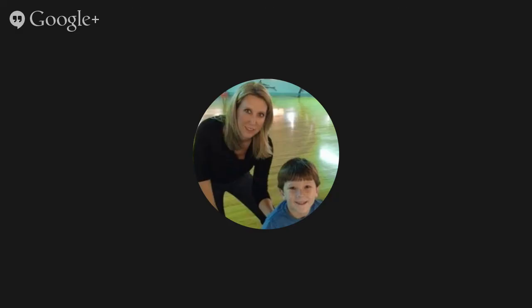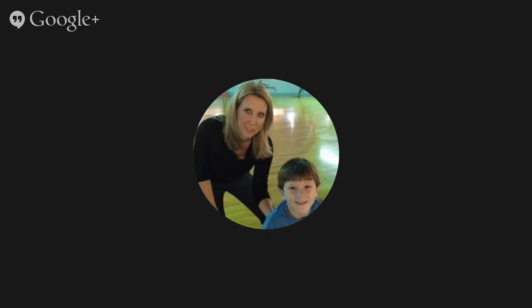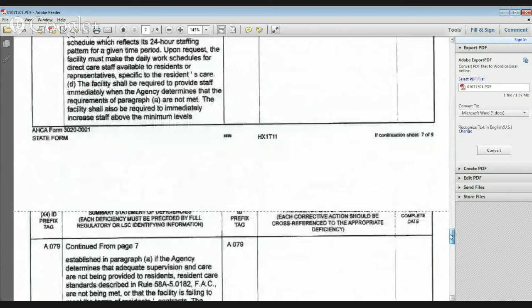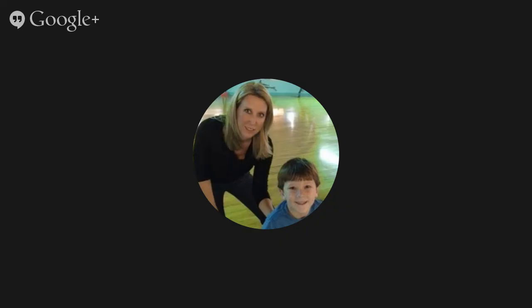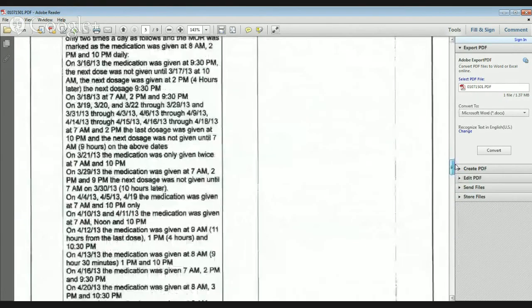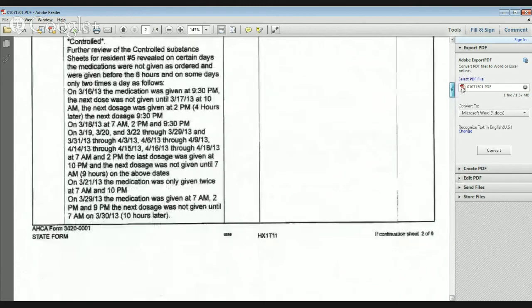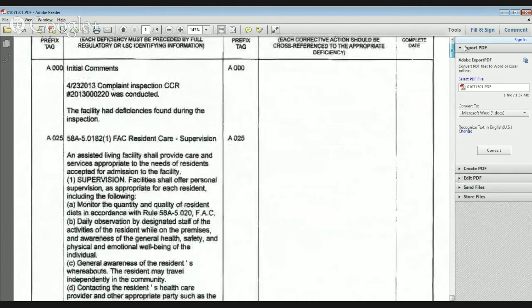Tags are on the side, like A079. Yeah. Well, I guess those are just 3 separate tags. A079, A079, or A079, yep. A054. So they repeat them: A054, A054, A054, A054, and A025. So 3 tags.